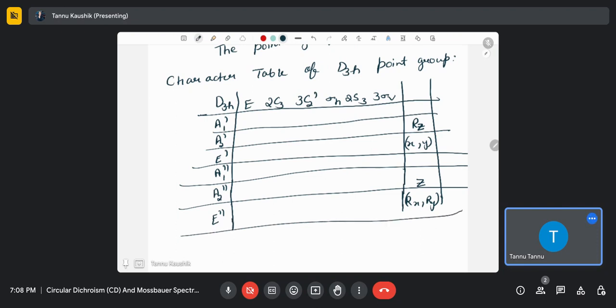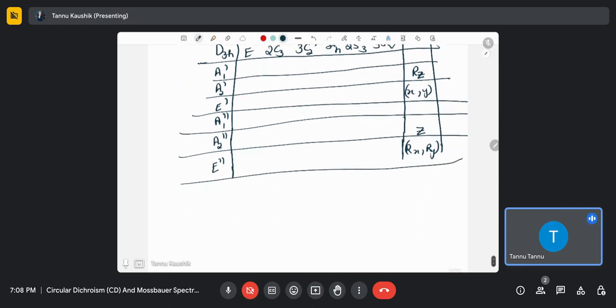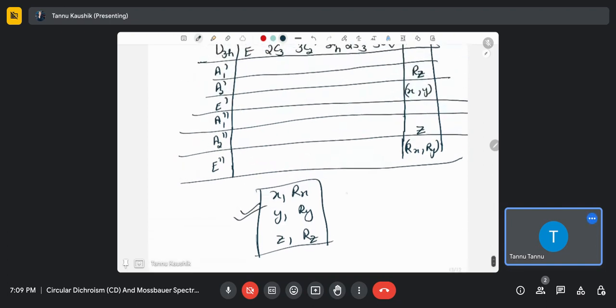irreducible representation. So here we can see there is no irreducible representation where we have both the distance vector and rotational vector associated together along the same coordinate axis. That is, there is no irreducible representation where this condition is being satisfied.